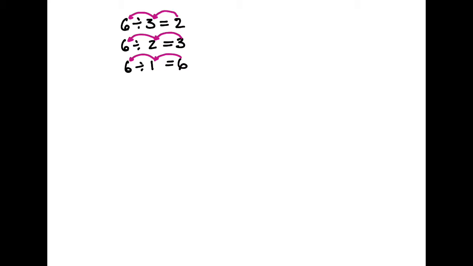Now, if I put a 0 here, what do I get? This is why it is undefined. What number can I put here, when I multiply by 0, I will get 6? There is no number that you can multiply by 0 to get anything other than 0, right?